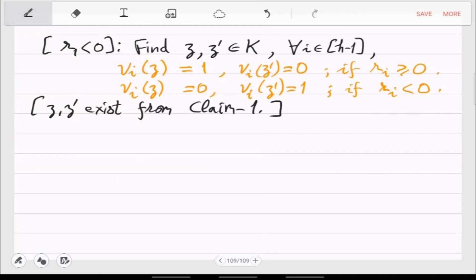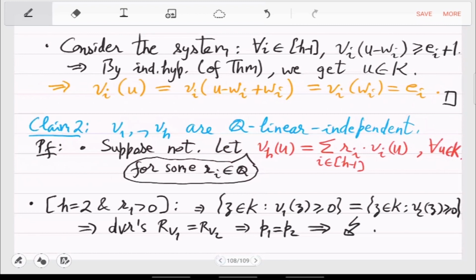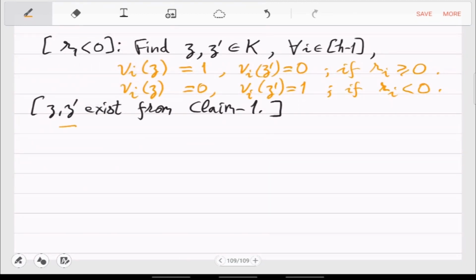Once you have this, what can you deduce? Now you look at the red equation and check VH of Z. What is that? So VH of Z is, so Z identifies with non-negative, right? So hence VH will be greater than or equal to 0. And VH of Z prime identifies with negative.